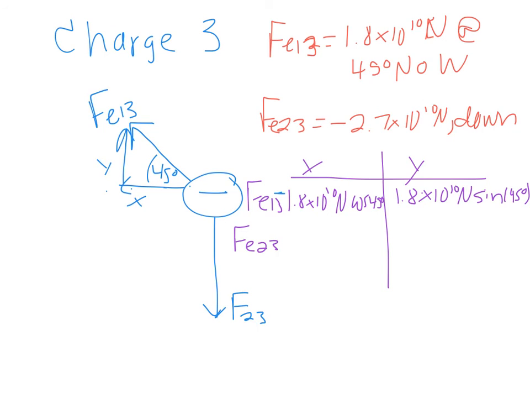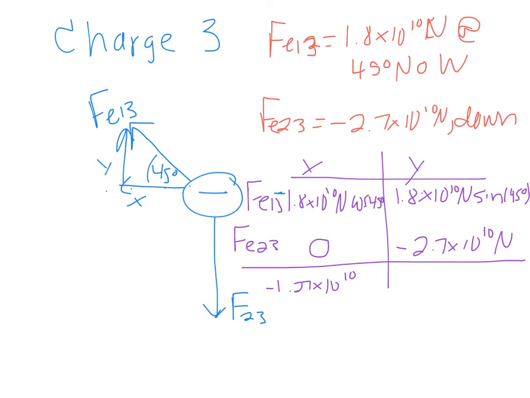My Fe23 has nothing in the x direction. In the y direction, it's going down. So this is negative 2.7 times 10 to the 10th newtons. Adding those together, we get negative 1.27, keeps on going, times 10 to the 10th newtons.